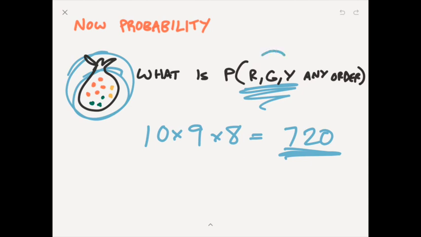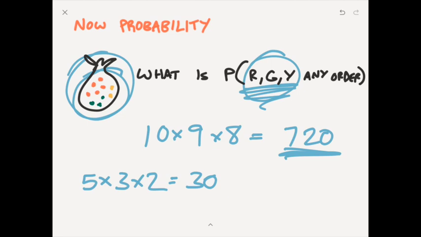And now I'm interested specifically in how many of those are 1 red, 1 green, and 1 yellow. Well, if I want to go in a specific order, red, green, yellow, it's a 5 times 3 times 2 chance that I go red, green, yellow specifically, which is 30 ways of getting red, green, yellow.